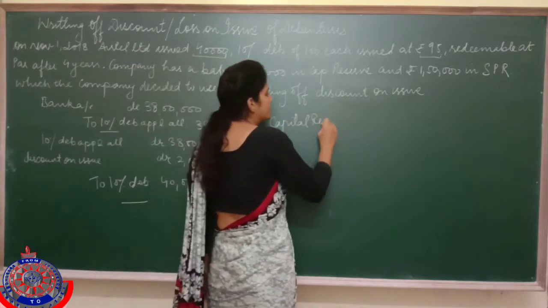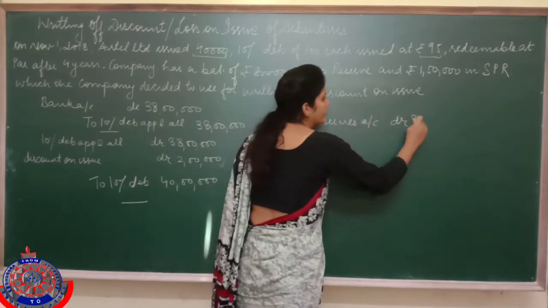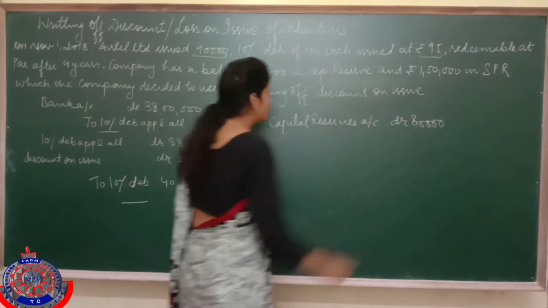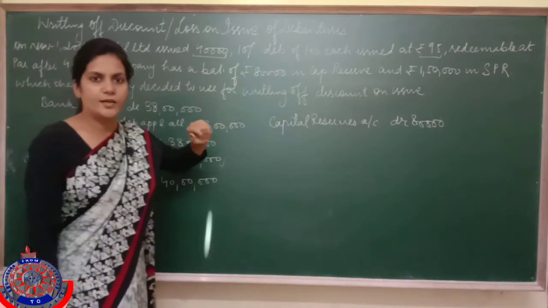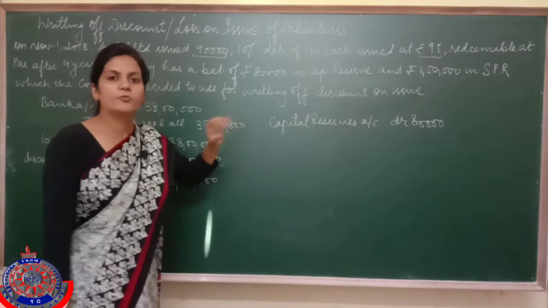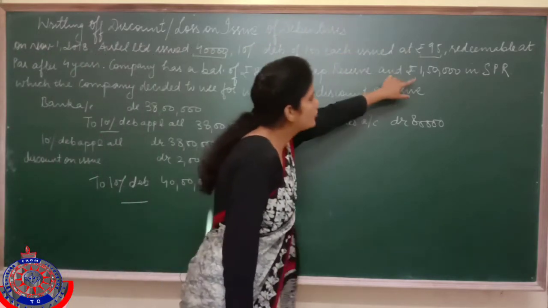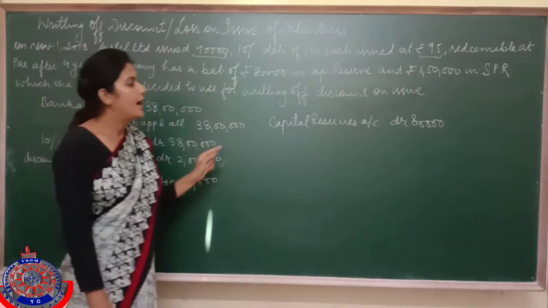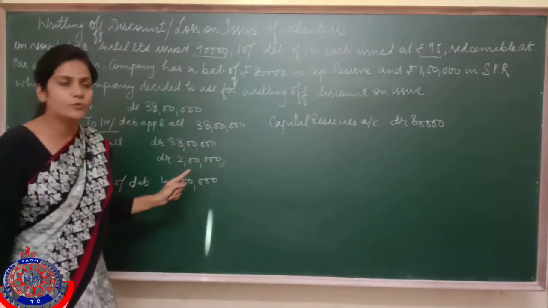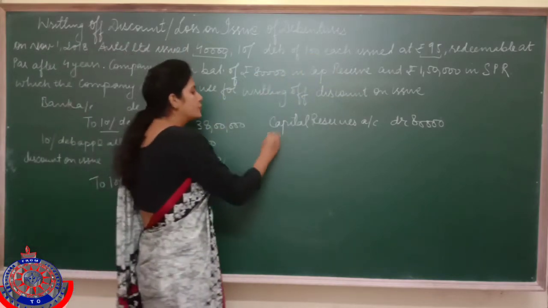So capital reserve would be debited. It means we have taken this money to write off this 2 lakh. Now how much is left? 1,20,000. For writing off that 1,20,000 after capital reserve, my second step is to check the balance in securities premium reserve. I want rupees 1,20,000, and that reserve has 1,50,000, so I can use the amount.